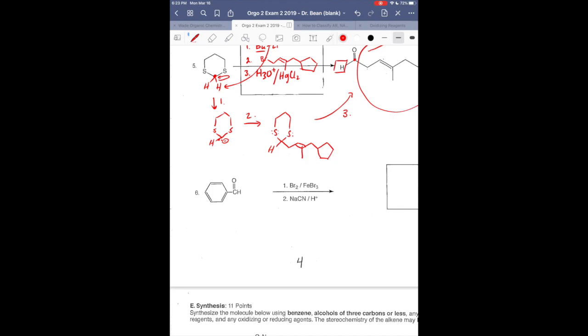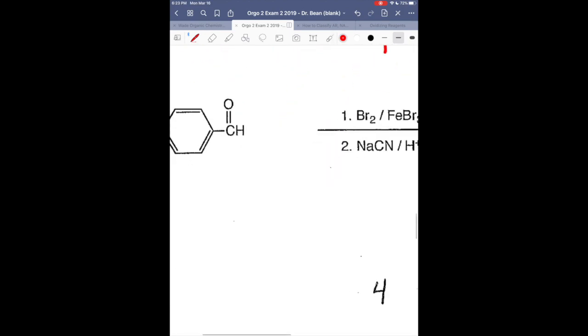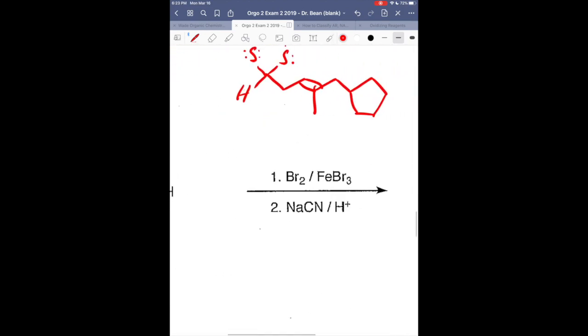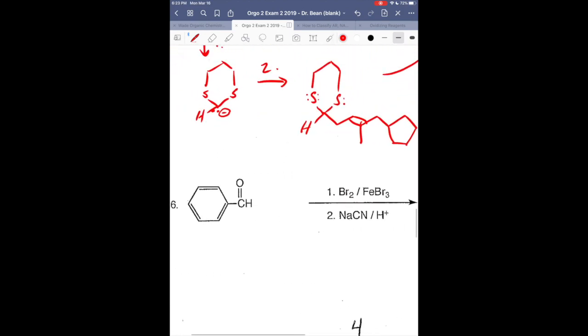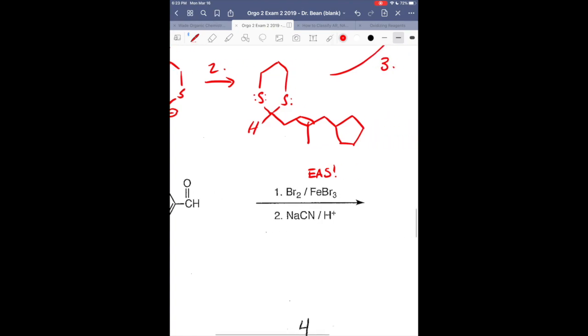Now we have this benzaldehyde over here, and we have Br2, FeBr3. So what type of reaction is occurring here? It's going to be EAS. And what is our electrophile?